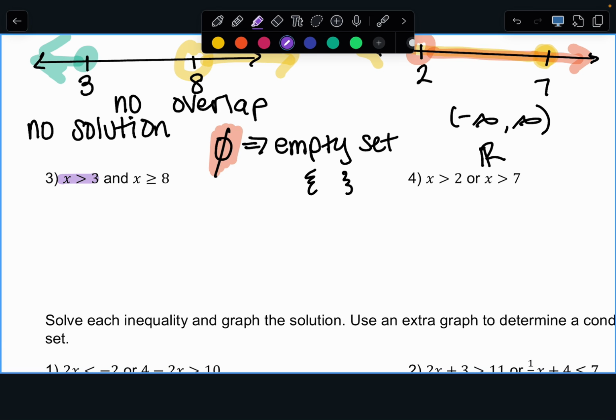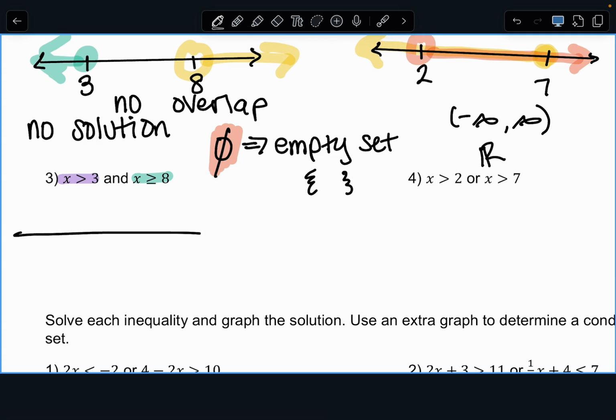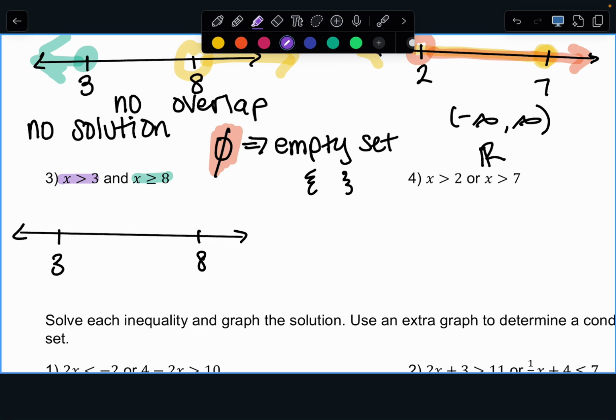Again, label your inequalities. Each one separate. Draw your number line. And then we graph. For x is greater than 3, open or closed? Open. Greater than?